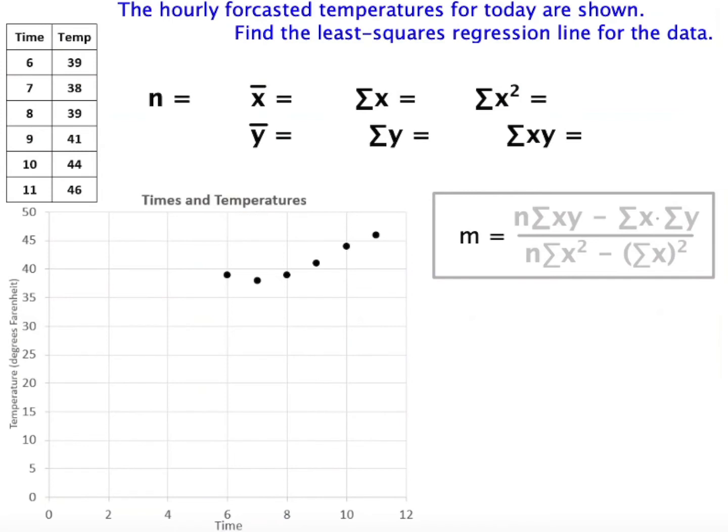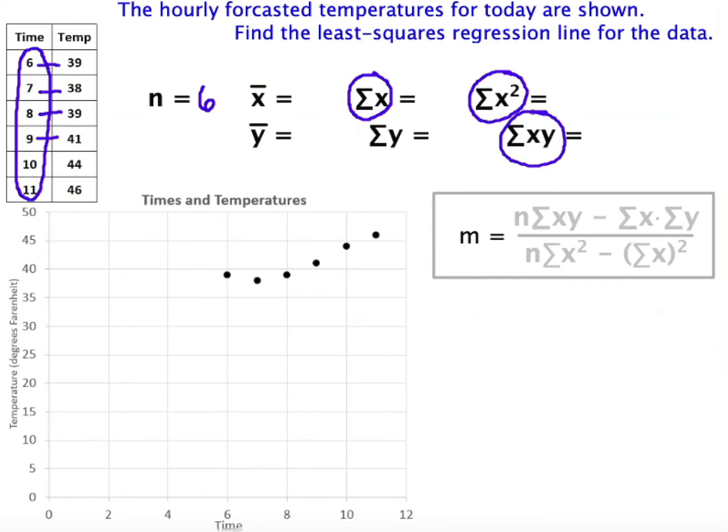Now we're going to do this example, and we've got, it looks like, 6 temperatures at 6 different times over the day, and those are plotted on here, and it looks like those are somewhat linear. And we are going to find our least squares regression line. I'm going to trust that if you really wanted to, you could find the mean of all of those values, and you could add together all of those values. You could square them and add them together. You could multiply your x times your y and then add all of those together.